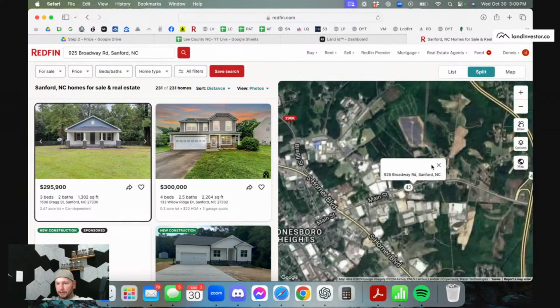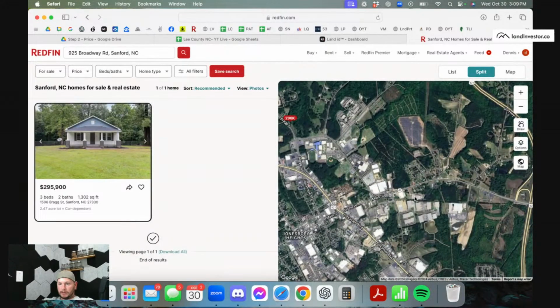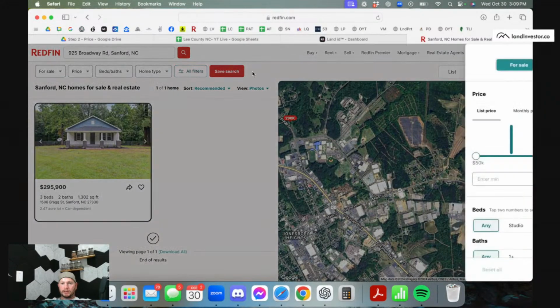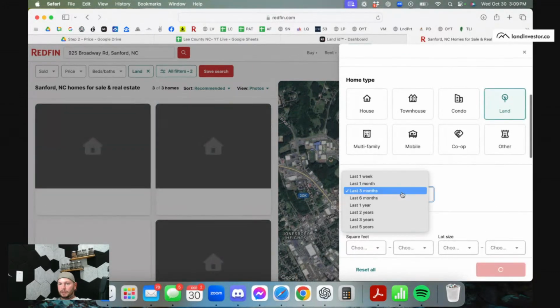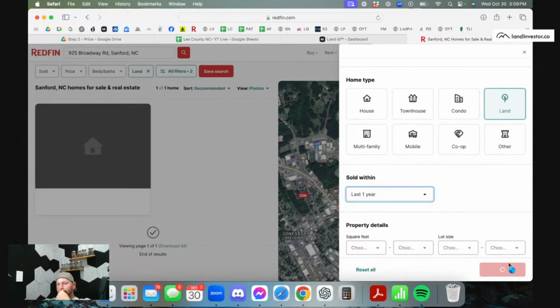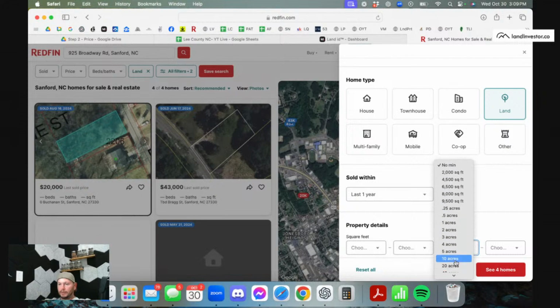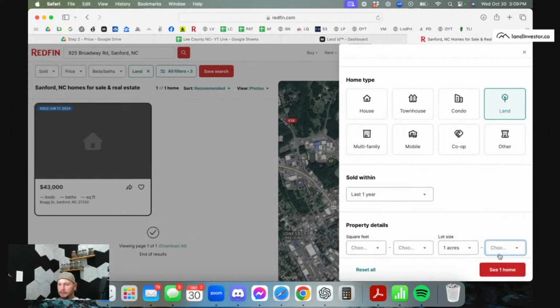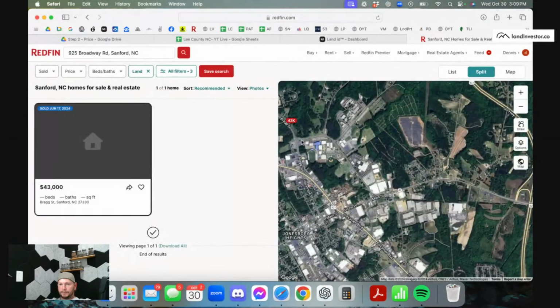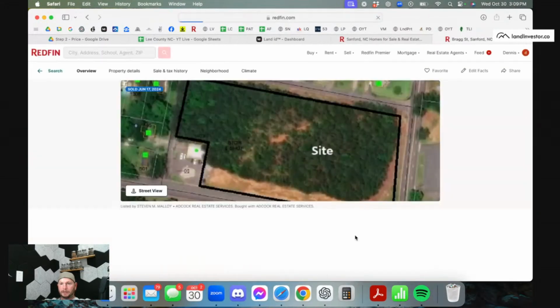Okay, cool. So that's the parcel. Let's peek and see what land is selling for in the area. Sold land last year. Let's go 1 to 10. 1 to 10. Got 43K.